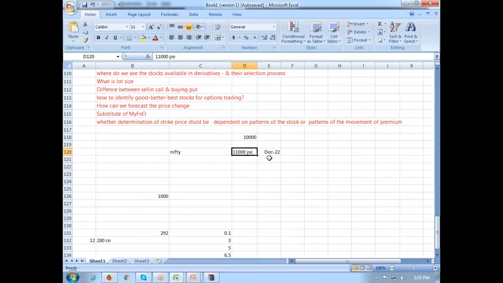So you mentioned, if Nifty right now, this is the 11,000 put, the price is 873, and right now Nifty is below 10,000 or at 10,000. So why are the prices below 1,000 rupees? Time value will be added or deducted. This is 2018 December.